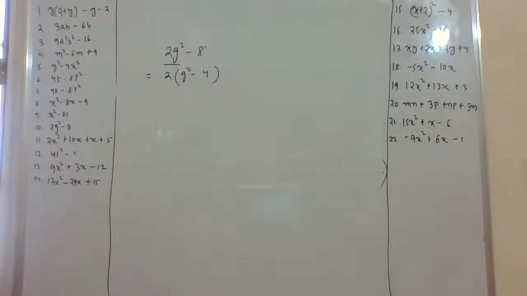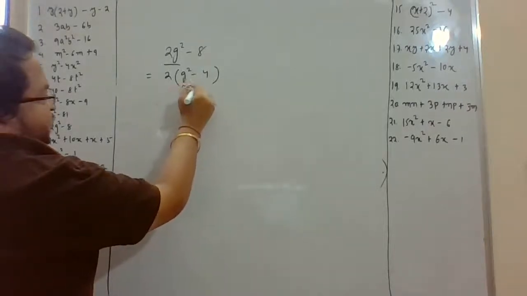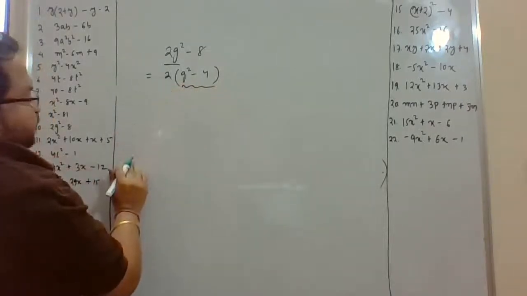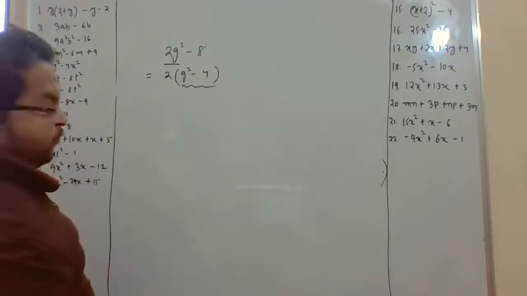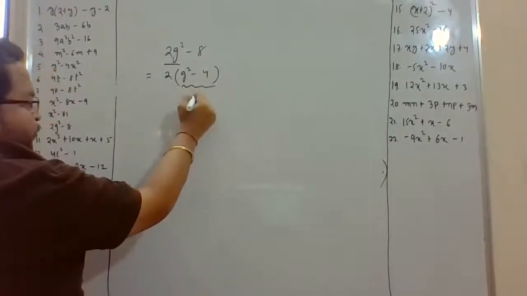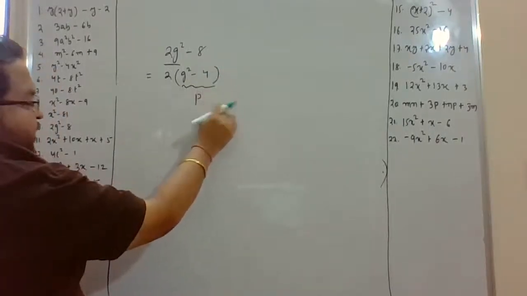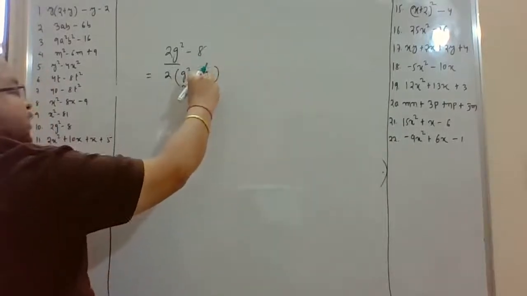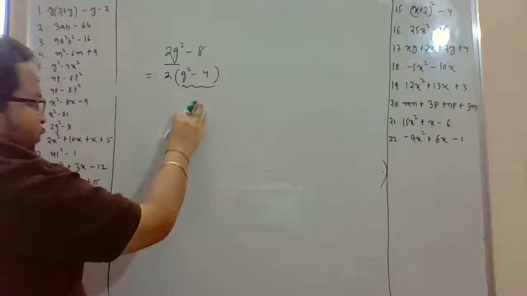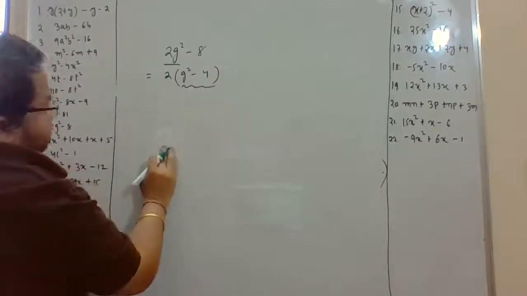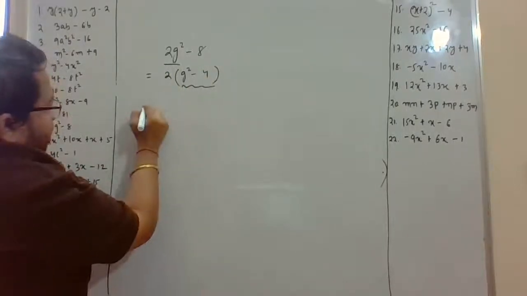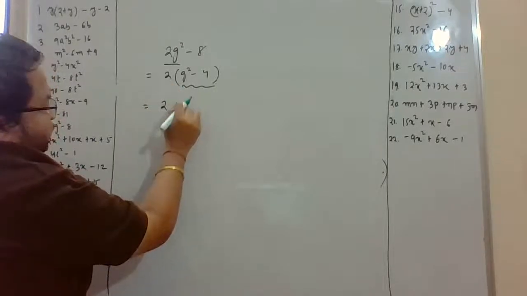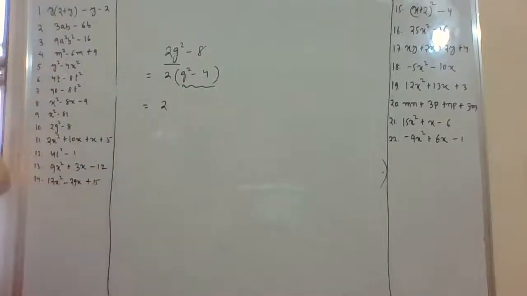Now, we just need to factorize this part and leave this part. So before some time we saw, I had assumed this to be p. I factorized p separately. Then I had put the value of p in the same place. So if you want, you can do that, or you can just continue with 2 and just keep on factorizing this part.